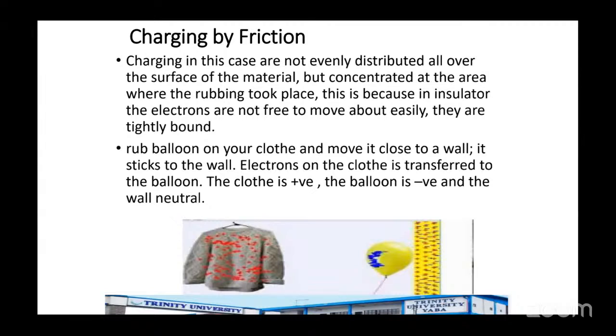So the same thing here applies. The electrons on the cloth are transferred to the balloon, which means that the cloth will become positively charged, while the balloon will become negatively charged.